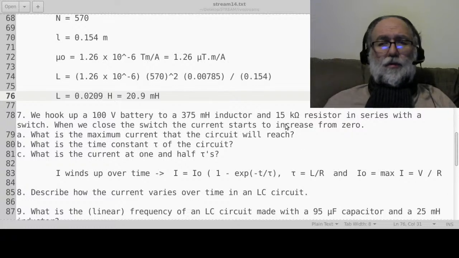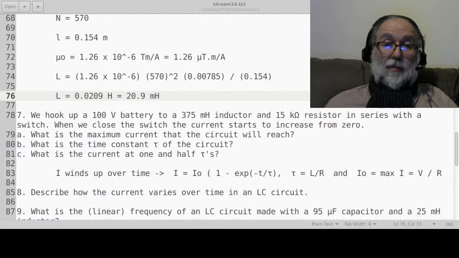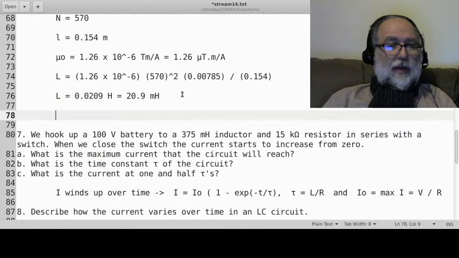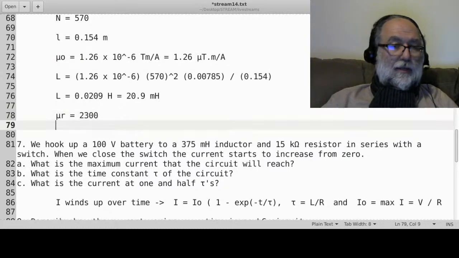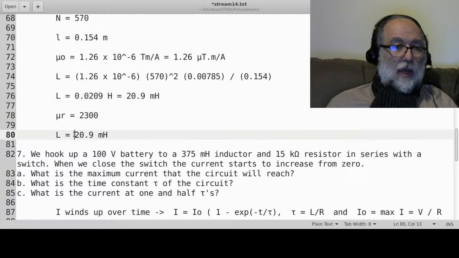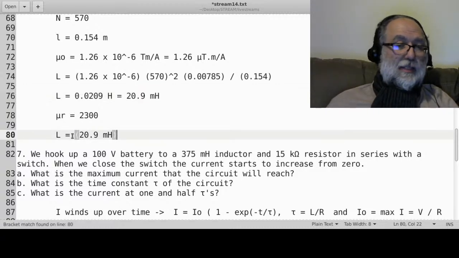Let me actually add another part to this question just to show you. Suppose that we did add some kind of ferromagnetic core, and something like a nickel ferrite, I think, has a relative permeability of 2,300. Well, in that case, your inductance would be the same number, millihenries, but the ferromagnetic core, all it does is it just enhances it.